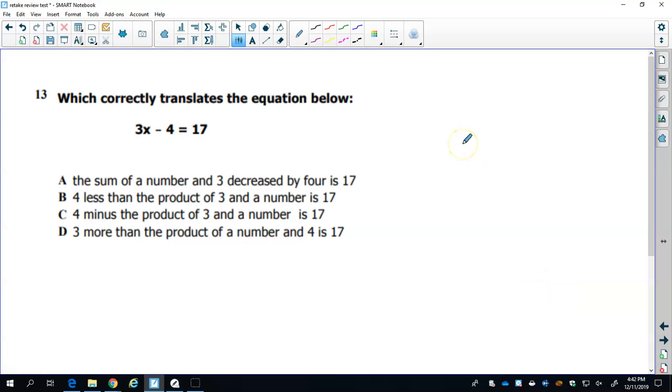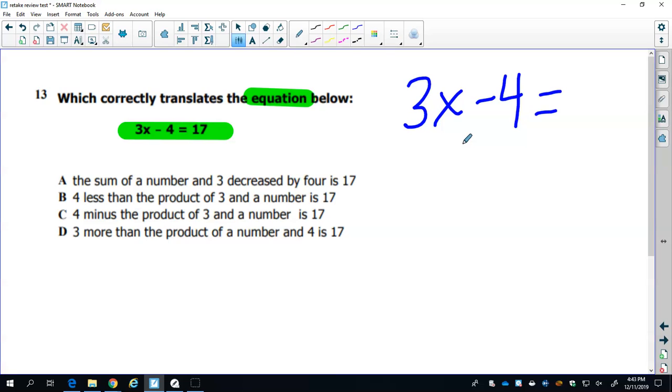Number 13, now we're translating. So we're translating, so that means we're putting this equation here into words. So let's go ahead and pull this apart over here. Before I even look at the answers, I'm going to think about 3x.